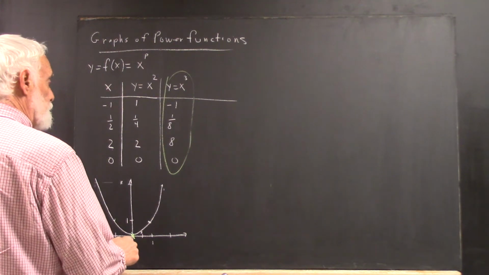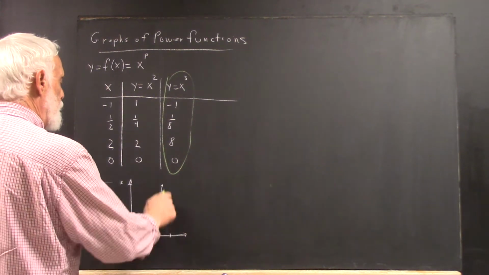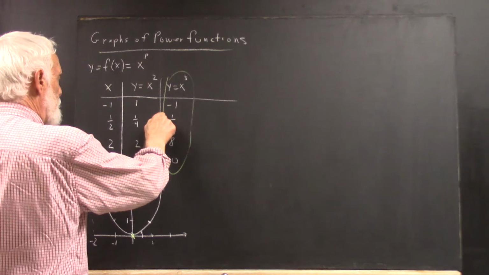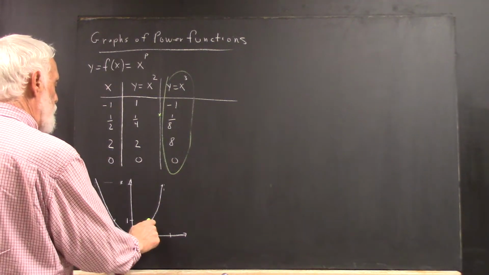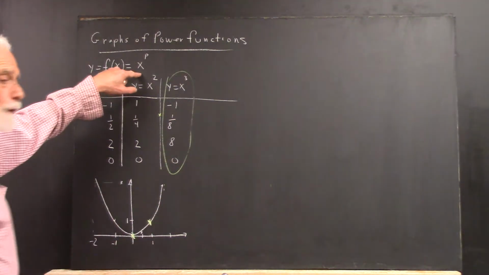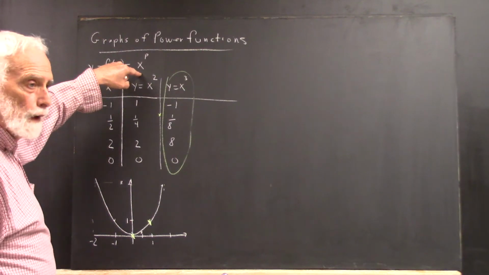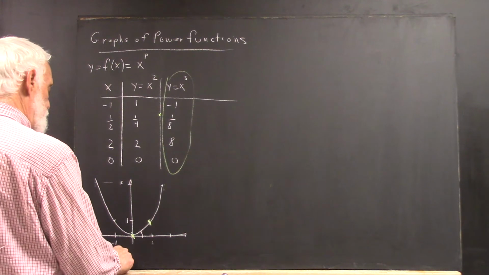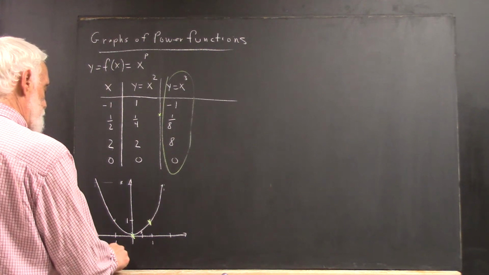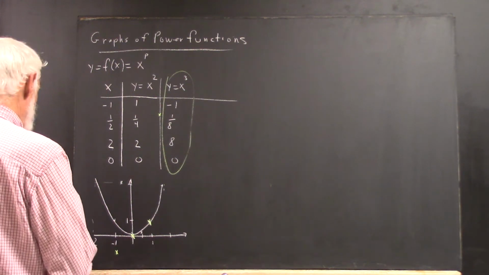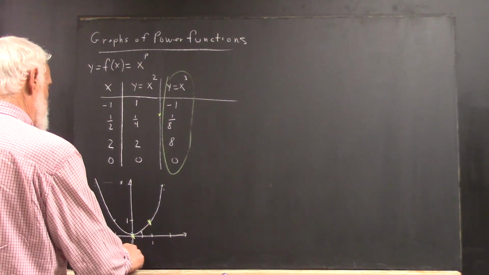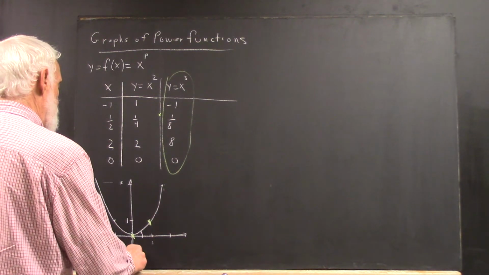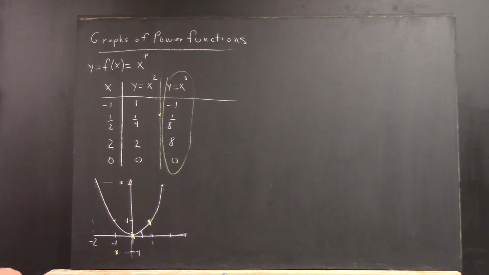Okay, there's the 0, 0 point. The 2, 8 point, well, it's way up here, so I'll mark it. The 1, 1 point, every power function is going to have value 1 when x equals 1. We know that. When x equals -1, of course, that takes the function down here into negative y values. So here we have y equals -1, and so forth.